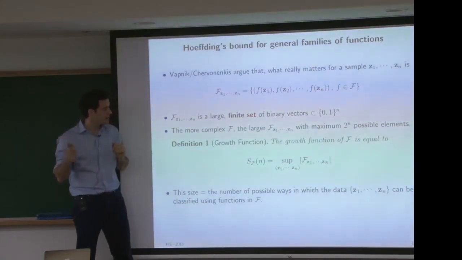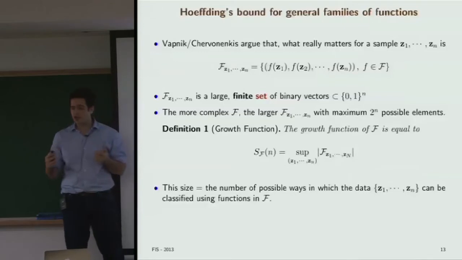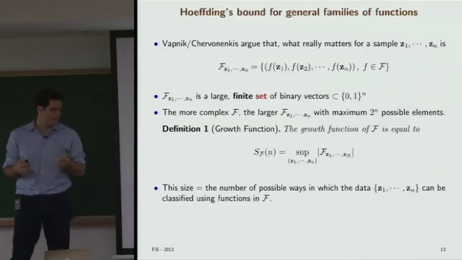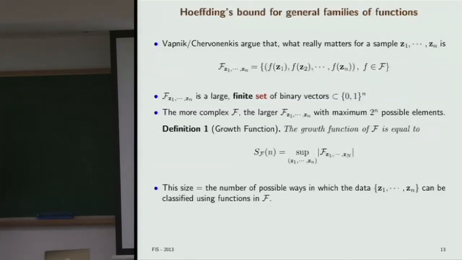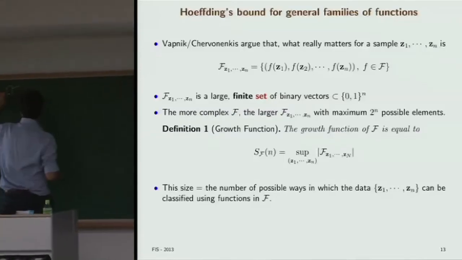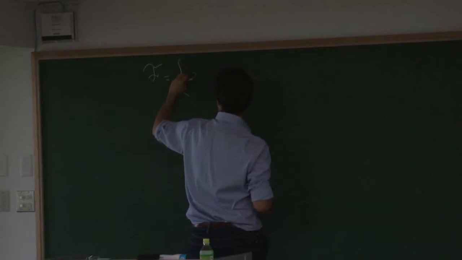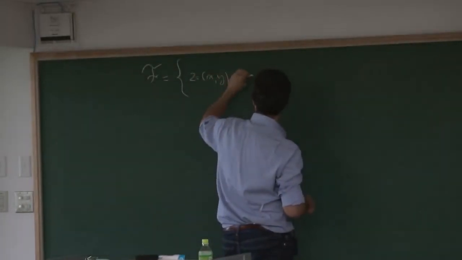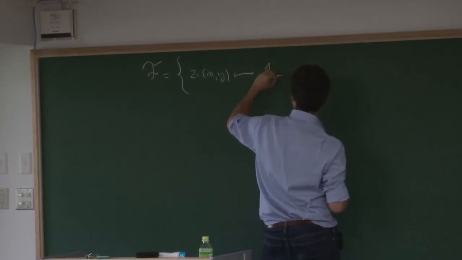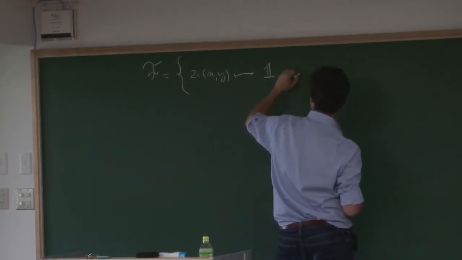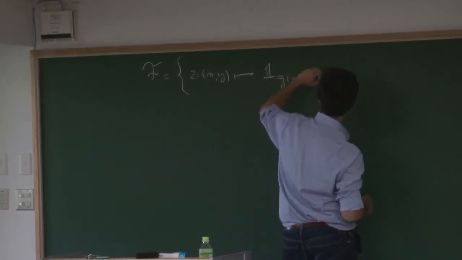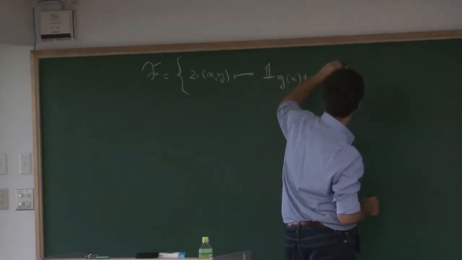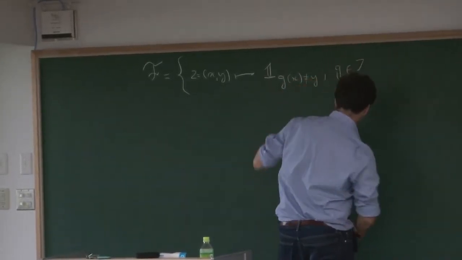So keep in mind that each f here is in a loss class. Just a reminder, it's the function which to z equals (x, y) associates the indicator 1 of g of x not equal to y, with g in the function class G.